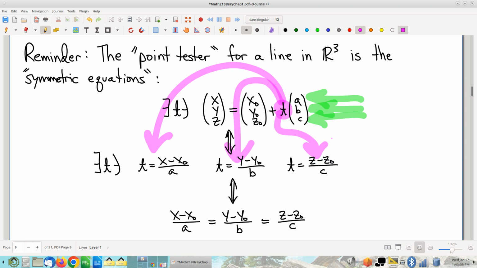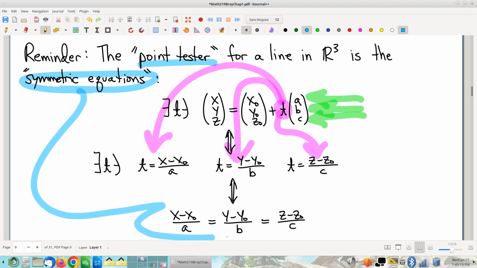And so that is our final result, what we call the symmetric equations, and what plays the role of a point tester for our line in R3. I need these three things that t has to equal to all be equal to each other so that it's possible for t to equal all of them. And a nice, satisfying little punchline there.